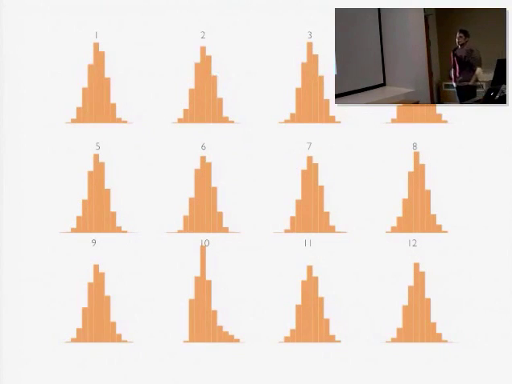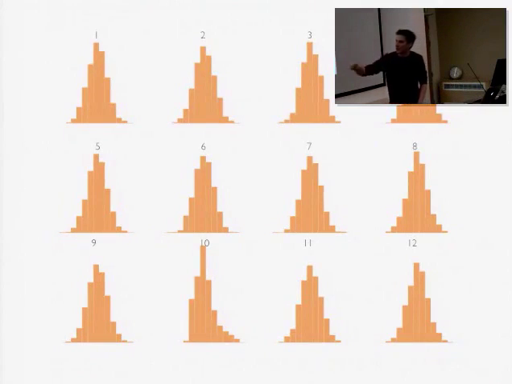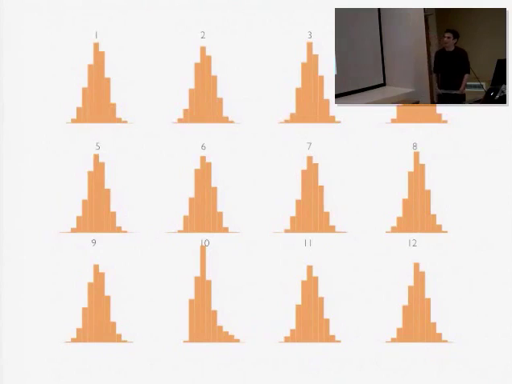So here we have 12 histograms. 11 of them are built around the assumption of normality, so they're normal distributions, and one of them is a plot discriminating structure. In this case, it's number 10, so it looks very different from the rest.